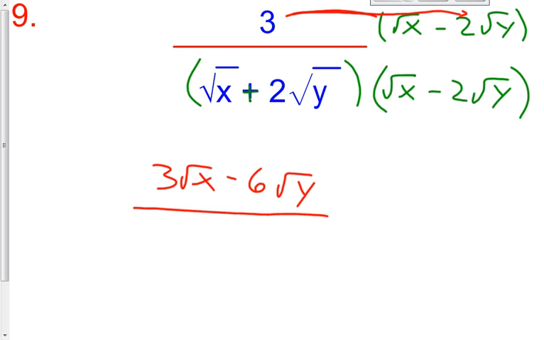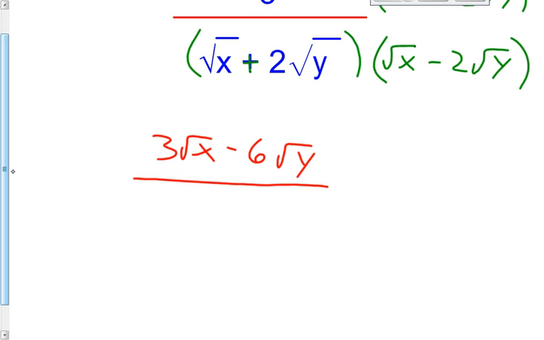There's our numerator. In the denominator, square root x times square root x is x. Square root x times a negative 2 square root y and 2 square root y times the square root of x, those, remember, are going to cancel out. The outside and the inside terms always cancel out.